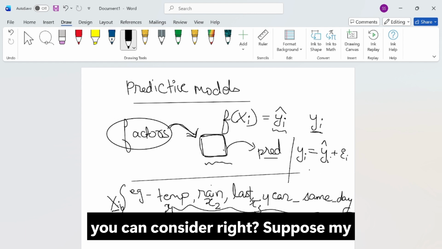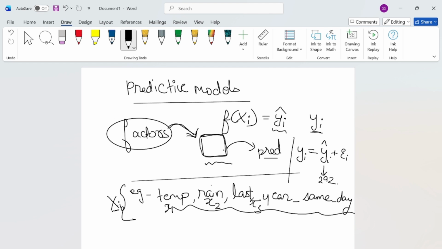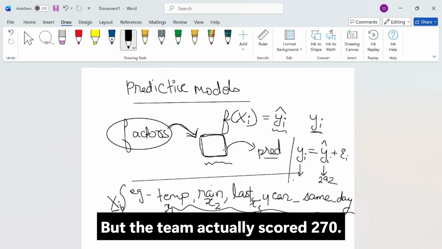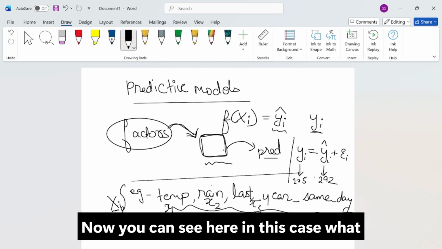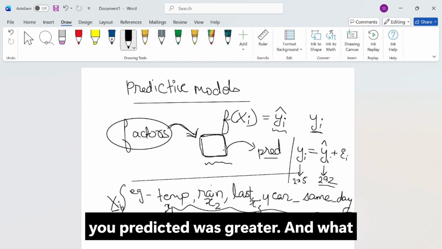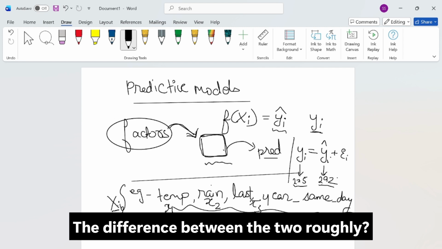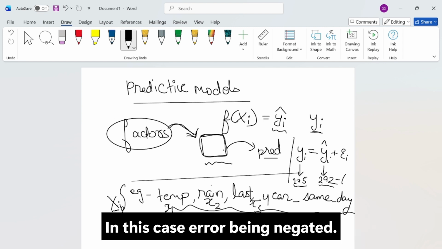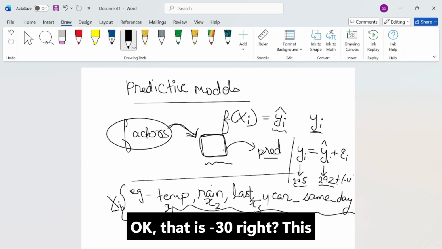Suppose my prediction was that the team will score 292, but the team actually scored 275. You can see that what you predicted was greater and the actual outcome was lesser. The difference between the two, roughly, in this case, is negative, that is minus 30.